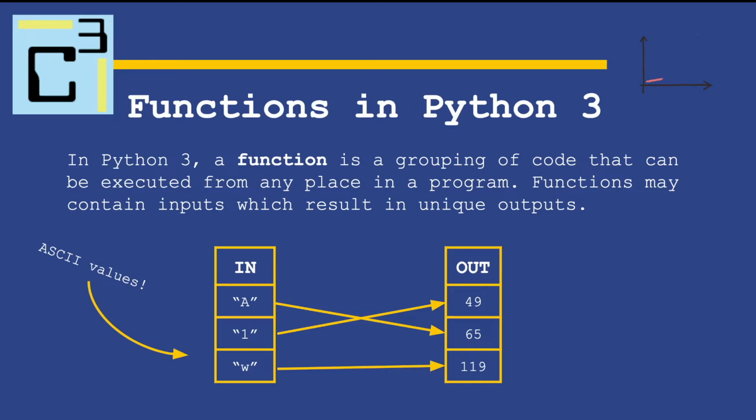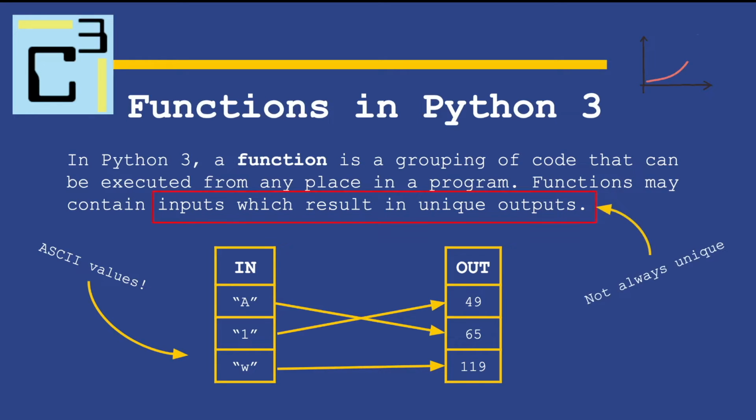The ASCII value of A is 65. 1 has the ASCII value of 49, and W has the ASCII value of 119. Now, this could be some sort of function where you pass in the letter, and the output would be the unique ASCII value.